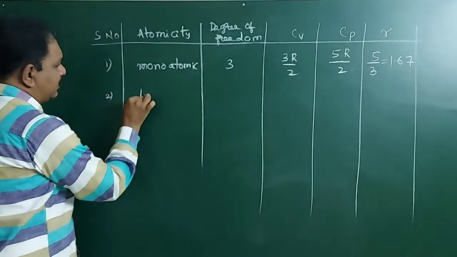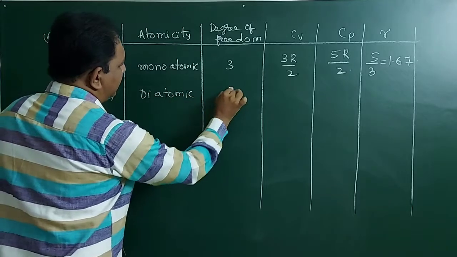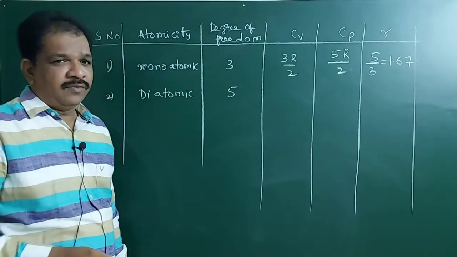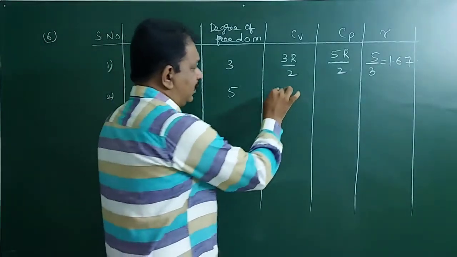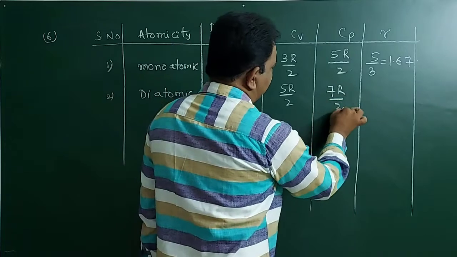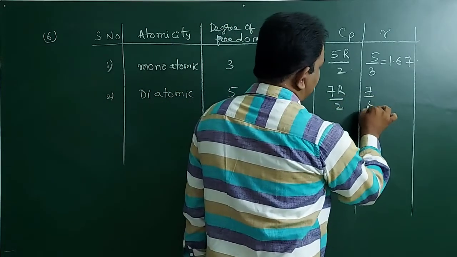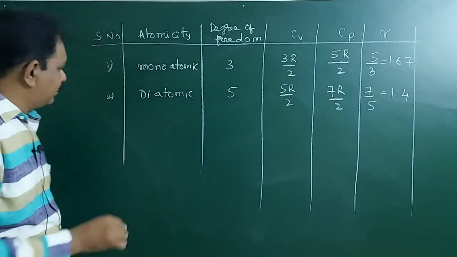Next, if it is diatomic, its degree of freedom will be 5. Cv is equal to fR by 2, so it becomes 5R by 2. Cp becomes 7R by 2. Gamma is 7 by 5, 1.33.